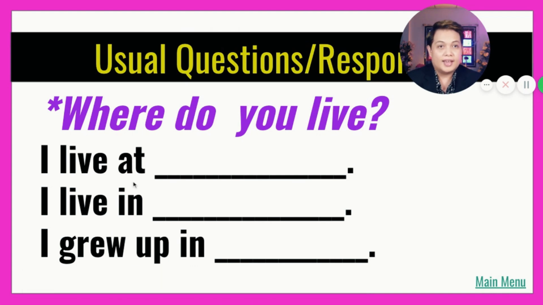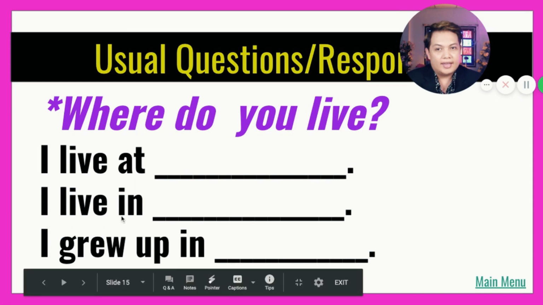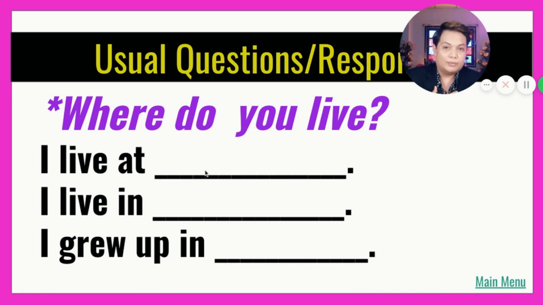Since you see at here, if you use at, you should tell the person your exact location, since you use the preposition at. When you use I live in, you can simply tell the person the district or your hometown. For example, I live at, and I would tell you my complete address.